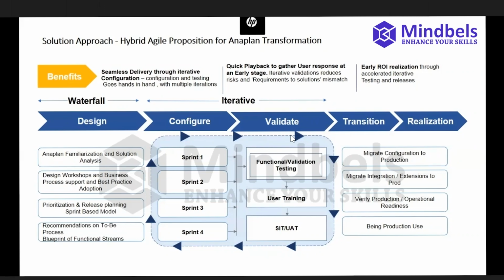The validation takes place in two aspects: functional and technical. As functional aspects, did we collect all the requirements in the proper manner or not? And for technical aspects, did we build this model in the correct way, following the best practices of Anaplan or not? That's exactly what we need to test in the validation stage.